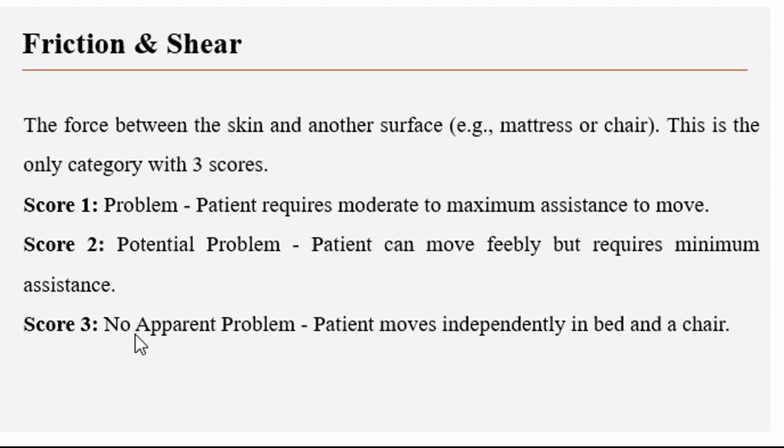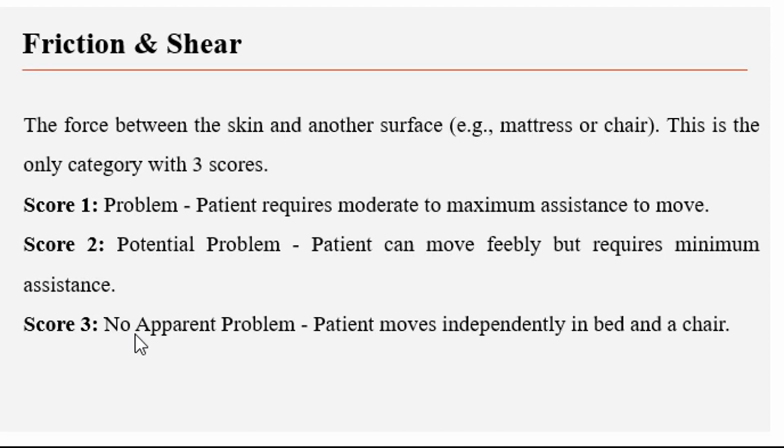When these frictions happen, the patient has a chance of getting a bedsore. So score 1 is a problem. The patient requires moderate to maximum assistance to move, otherwise there is a chance the patient may get friction. In this condition, we will give score 1.